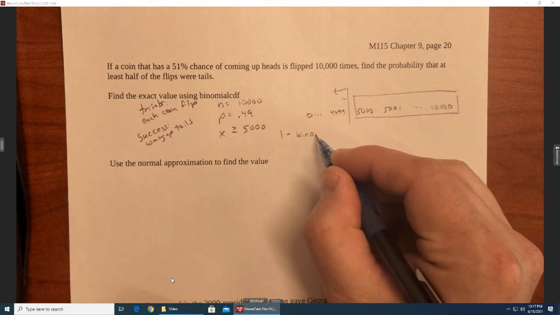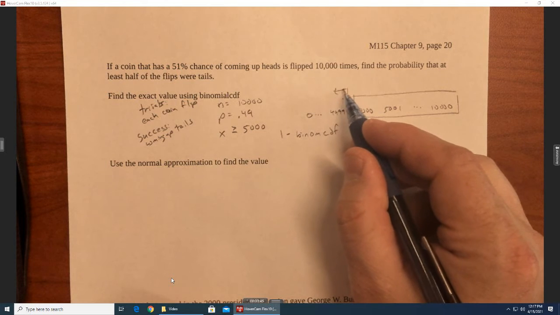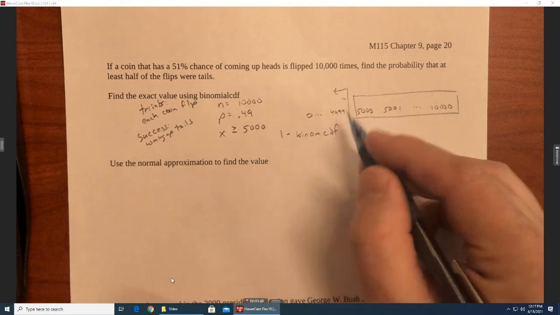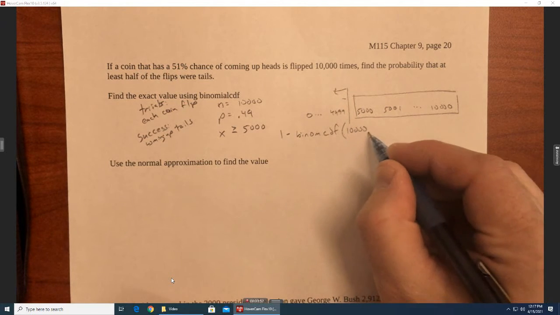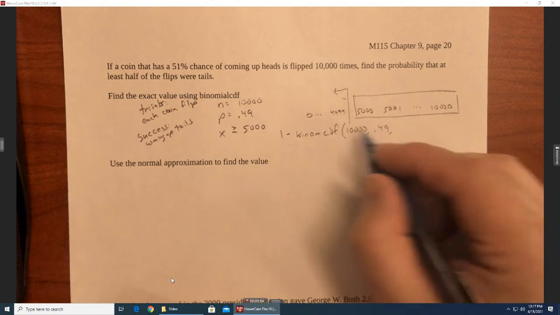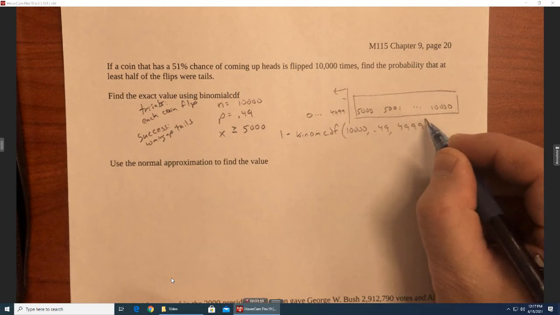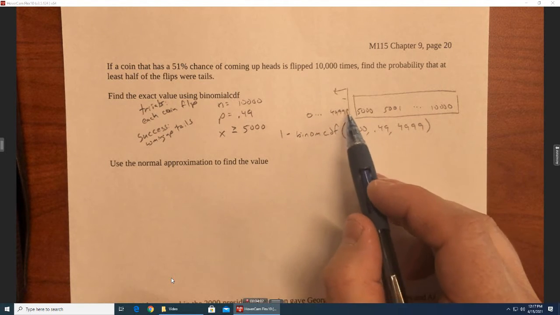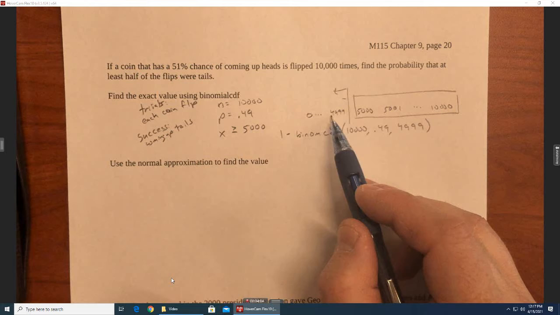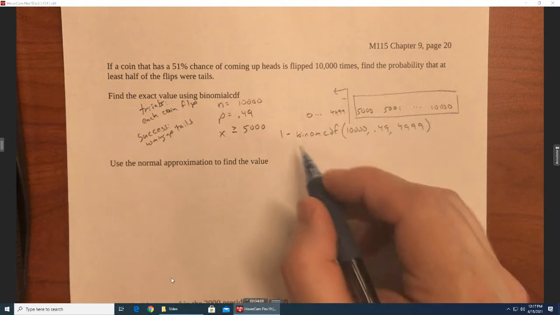I'll do binomial CDF, because I want this number or fewer. And then I'll say what my n is, what my p is, and what my x is. In this case, 4,999, because my complementary event is the probability of getting at most 4,999 tails.